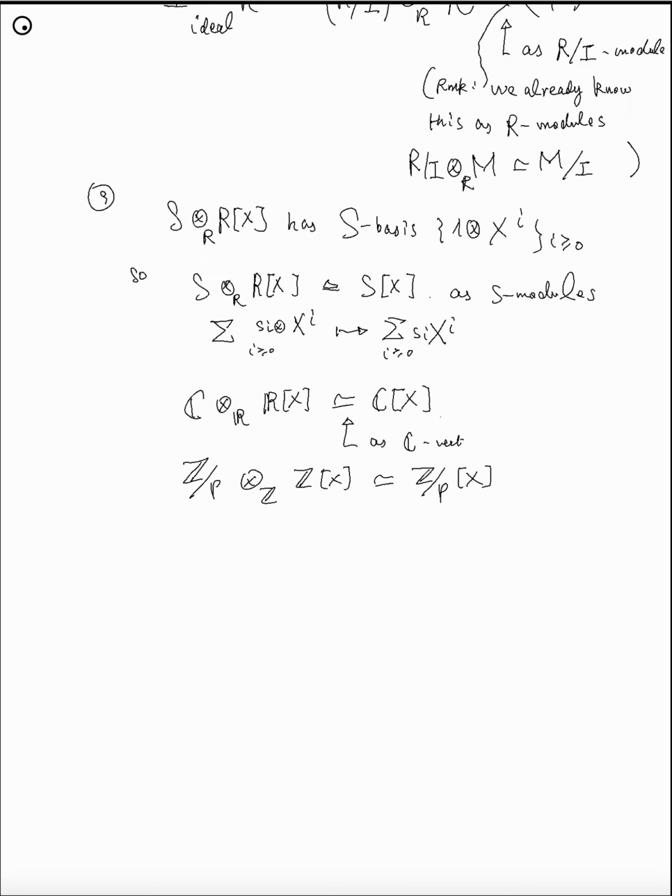So very general S and R rings also work. So this is as a vector space, because this is F_p.